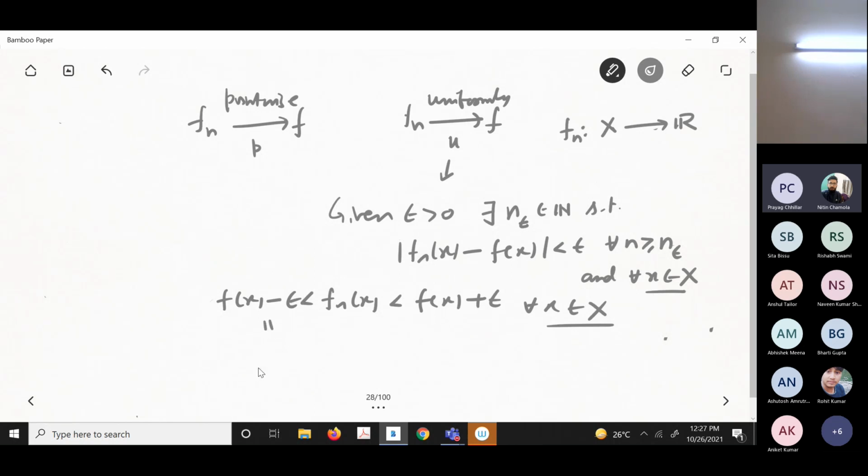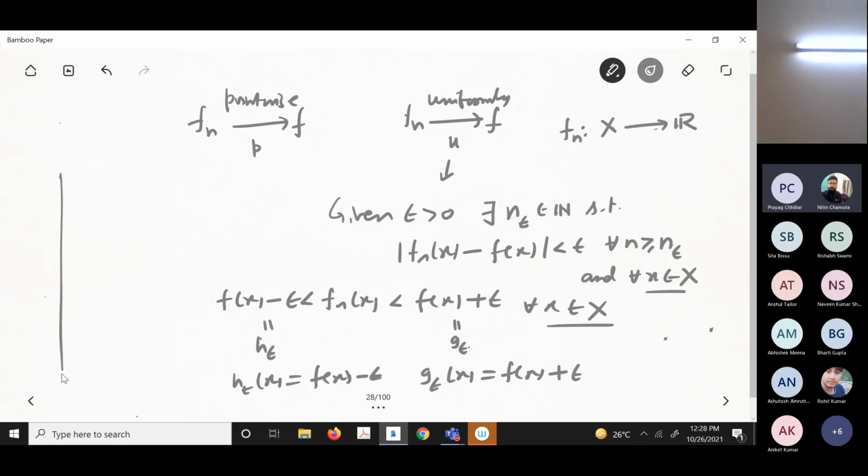You can call them h_epsilon and g_epsilon. That means h_epsilon(x) is f(x) minus epsilon. You have picked up epsilon, now you are keeping it fixed. And g_epsilon(x) is f(x) plus epsilon.